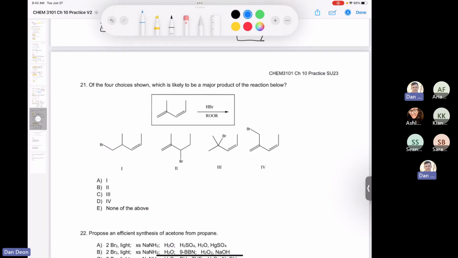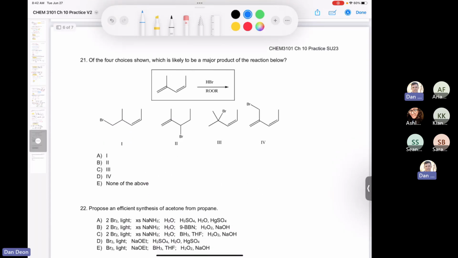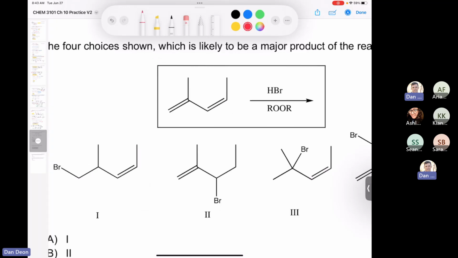Let's move on. Question 21, of the four choices shown, which is likely to be the major product of the reaction shown below? So we have anti-Markovnikov conditions here, and then we have this conjugated double bond here. There's two double bonds in here.